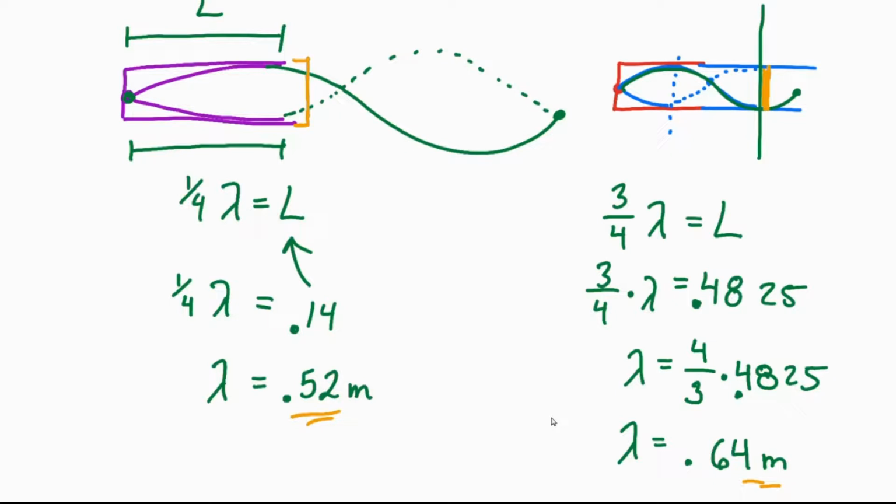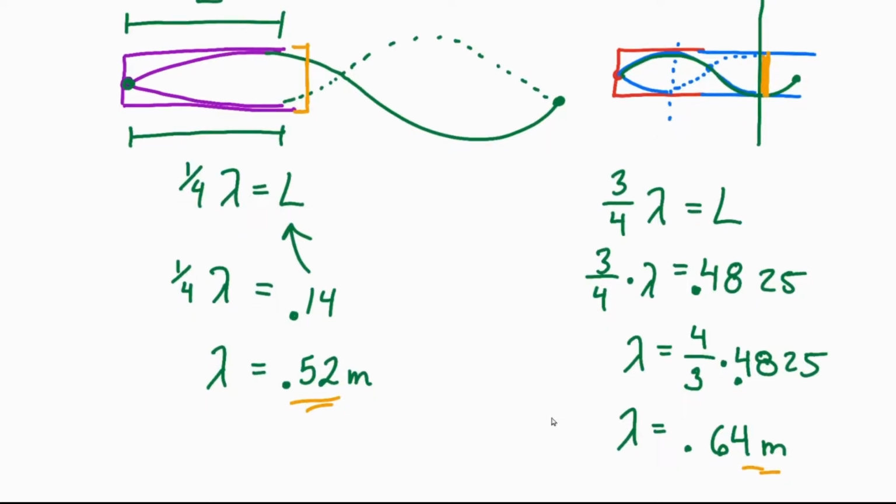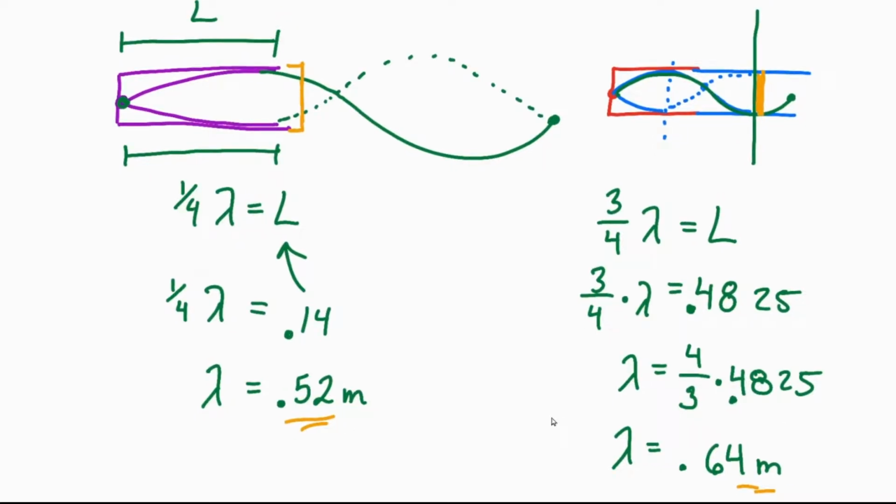And you can actually calculate that and figure it out to get the exact wavelength, because if I subtract these two lengths from each other, it'll be exactly half of a wavelength, because whatever this is on the end, this part here is the same as this part here. And so what's left is this half of a wavelength.